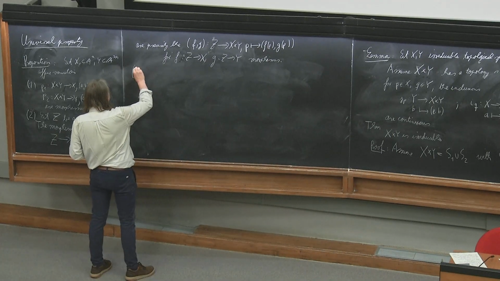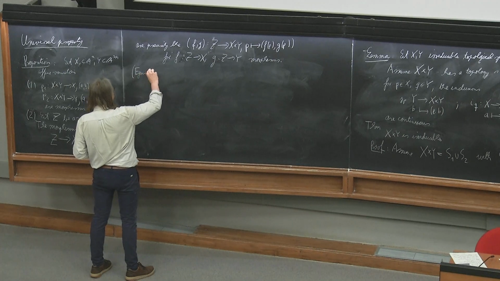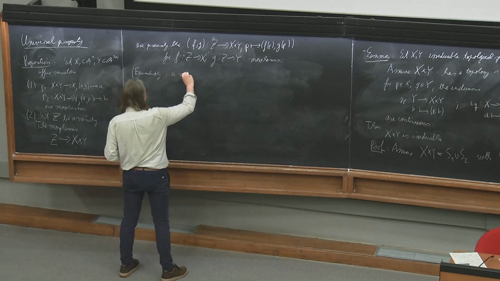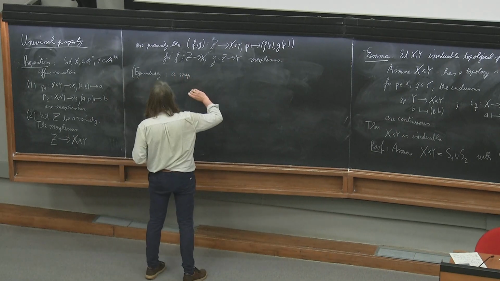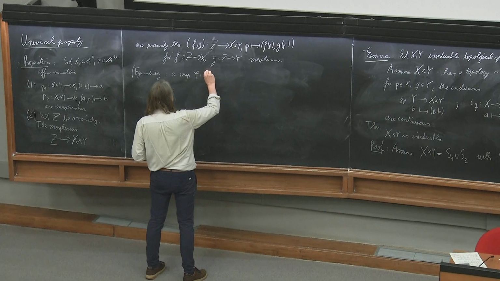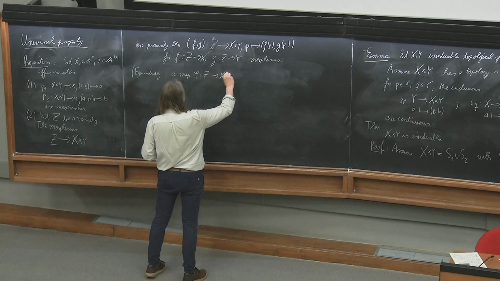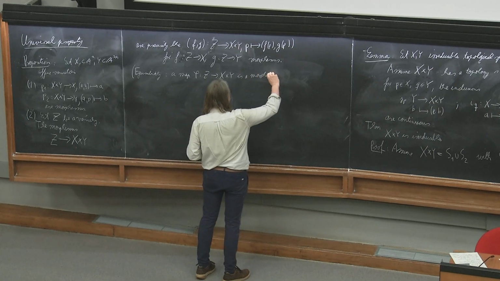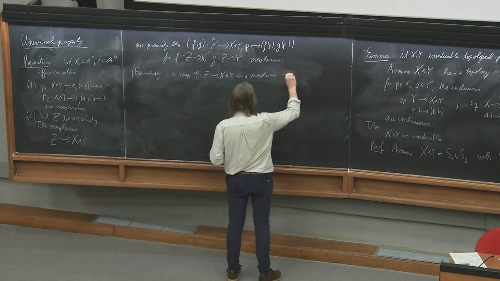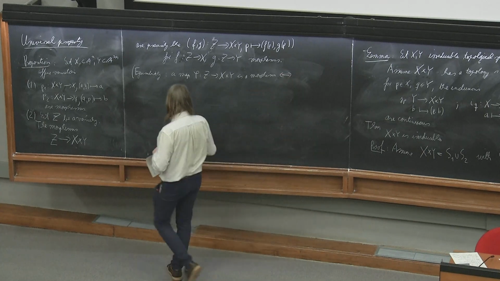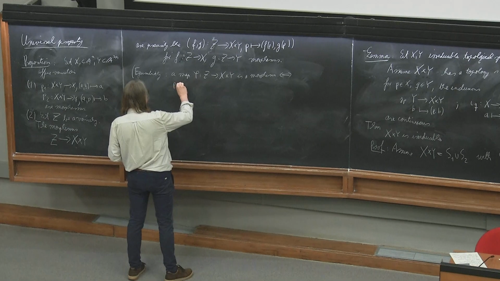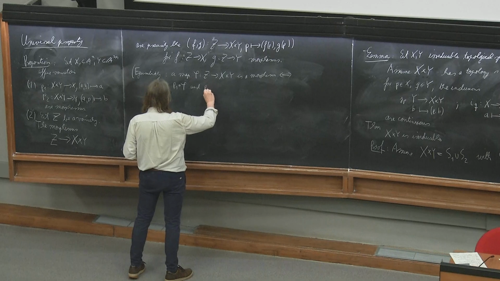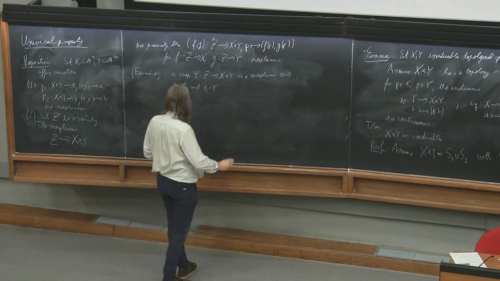So equivalently, a map phi from Z to X times Y is a morphism if and only if the first projection composed with phi and the second projection composed with phi are morphisms.